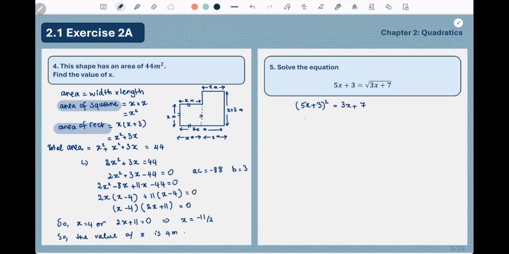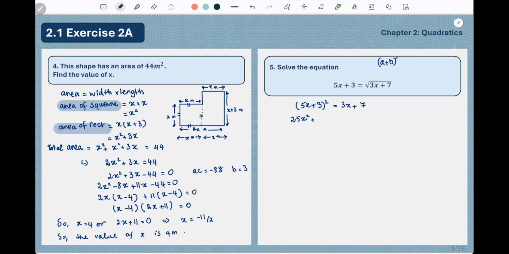So what I'm going to do here is expand this one. This is going to become 25x squared, plus 15... okay, let me write you a rule over here.